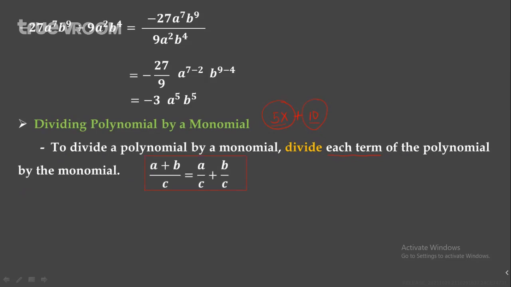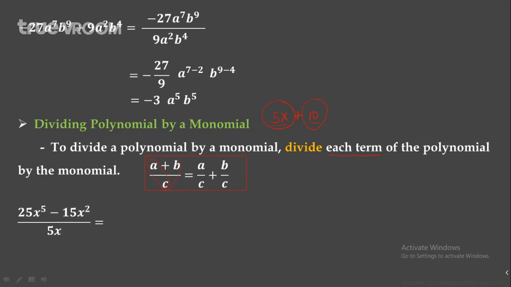For example, you have two terms, a plus b divided by c. You divide a by c first. Copy the sign. If this is plus, then this will be plus. If this is minus, then this will be minus. And then divide b by c. So that is how you divide a polynomial by a monomial.